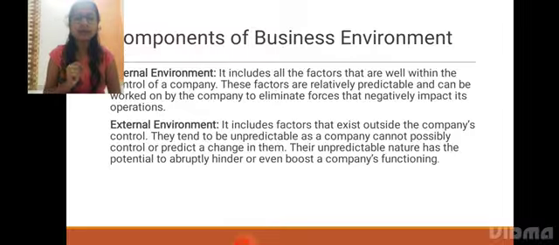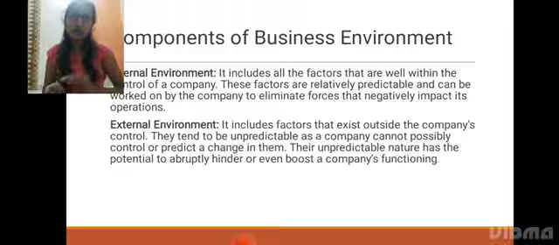These factors are relatively predictable and can be worked on by the company to eliminate forces that negatively impact its operation. The external environment includes factors that exist outside the company's control. They tend to be unpredictable, as a company cannot possibly control or predict a change in them. Their unpredictable nature has the potential to abruptly hinder or even boost a company's functioning.